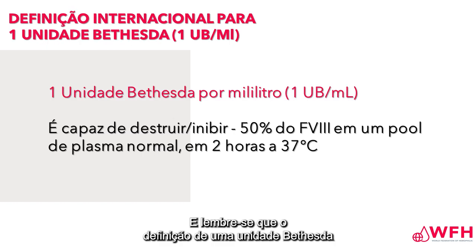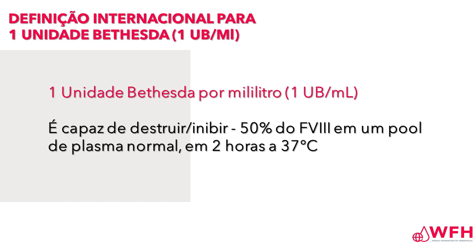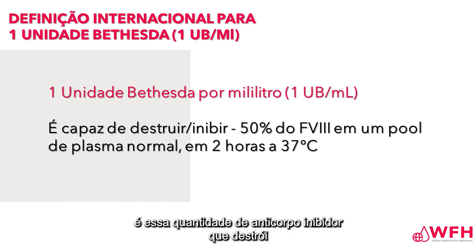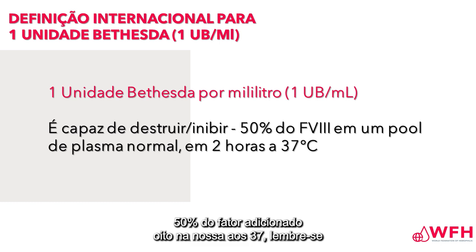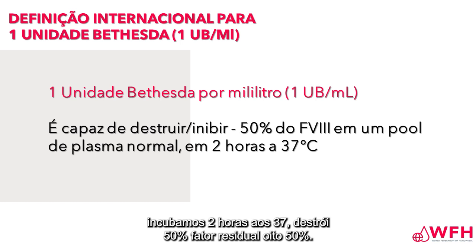Now remember that the international definition of 1 Bethesda unit is that amount of inhibitor antibody which destroys 50% of the added factor 8 in 2 hours at 37. Remember, we incubated 2 hours at 37. Destroys 50%, residual factor 8, 50%.